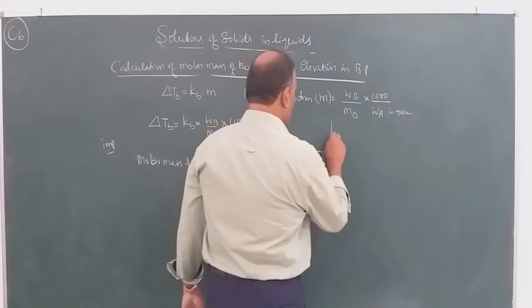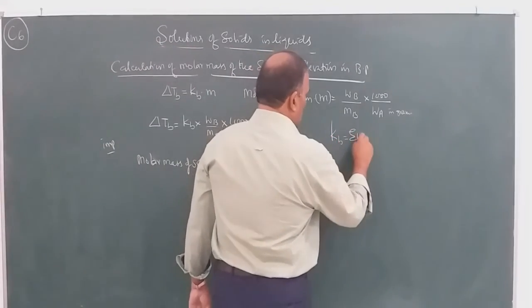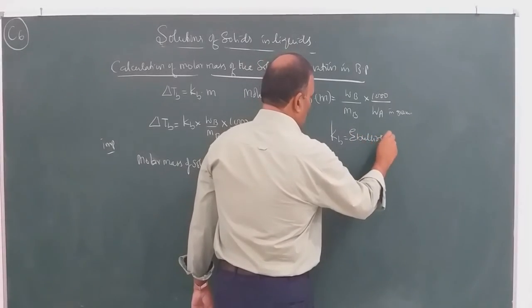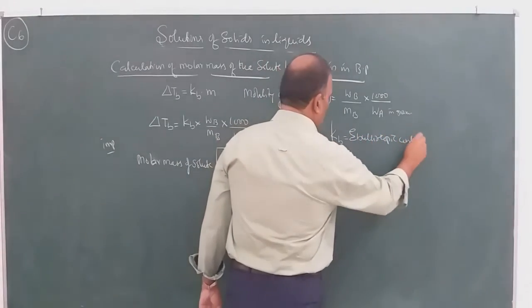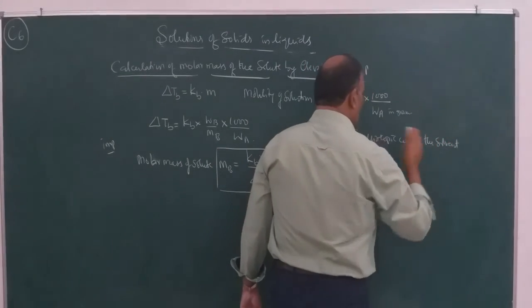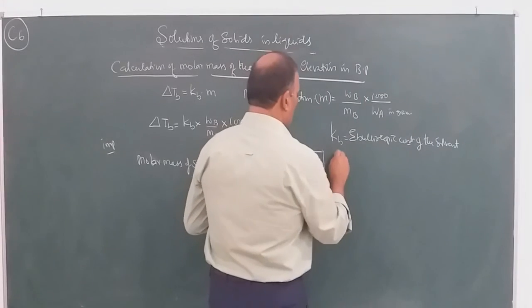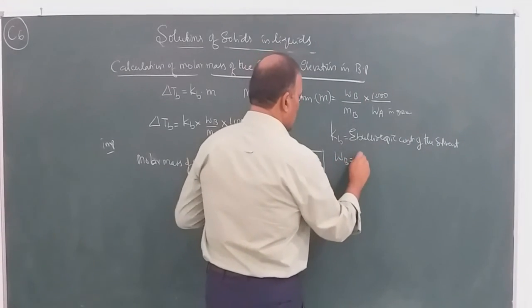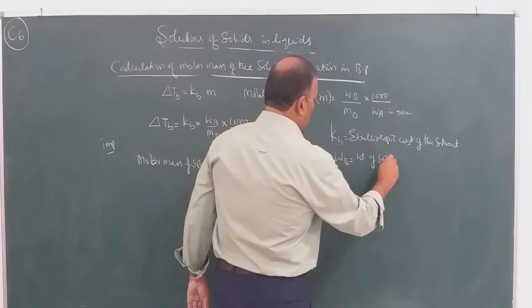Here, what is KB? This is the ebullioscopic constant of the solvent, so it will be given in the problem. WB equals weight of solute.